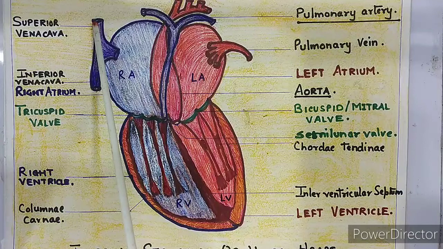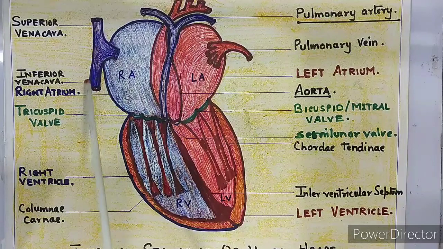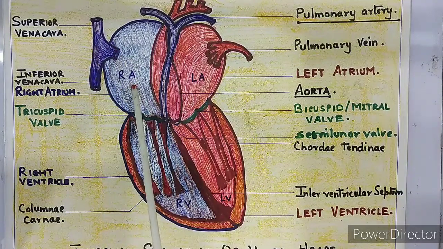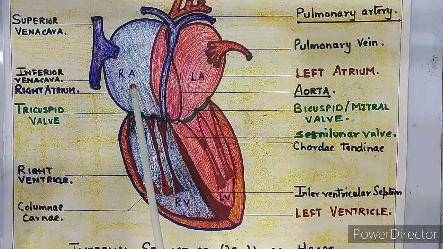So this superior vena cava and inferior vena cava bring the deoxygenated blood and it is poured into the right atrium. So the right atrium receives deoxygenated blood, right?